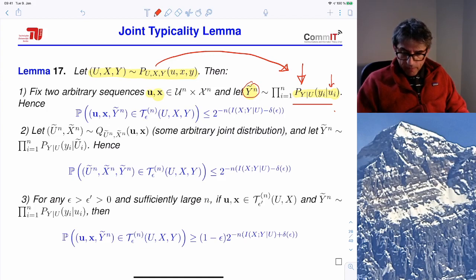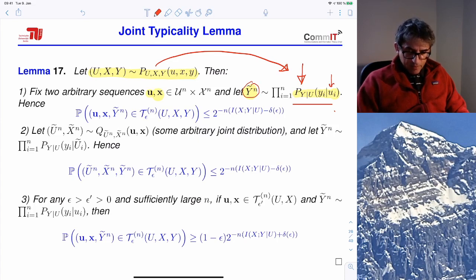And this probability is upper bounded by 2 to the minus n times the conditional entropy of X and Y given U minus a small quantity, where as usual by delta of epsilon I indicate quantities that are vanishing, they go to 0 when epsilon goes to 0.